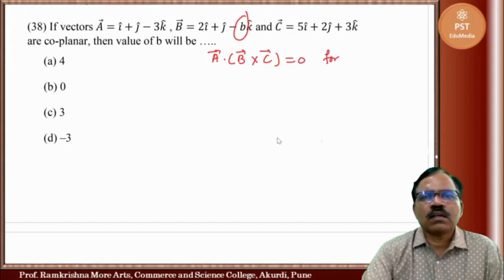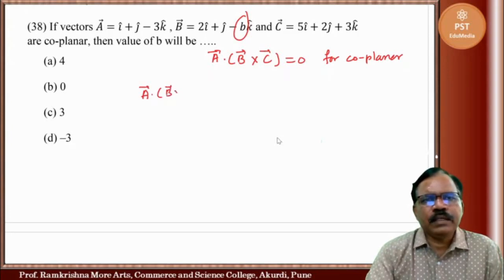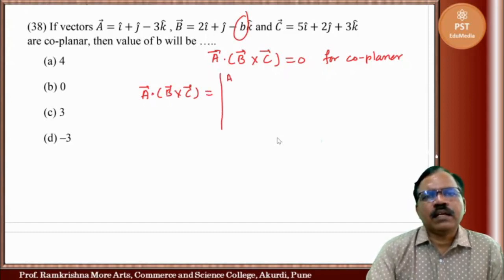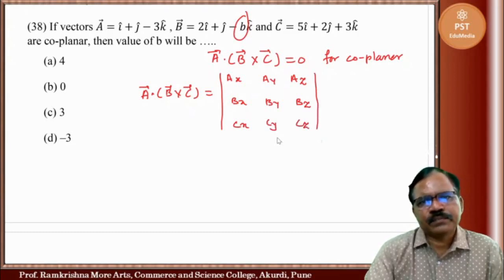Now A dot B cross C is simply equal to the determinant AX, AY, AZ, BX, BY, BZ, CX, CY, CZ.